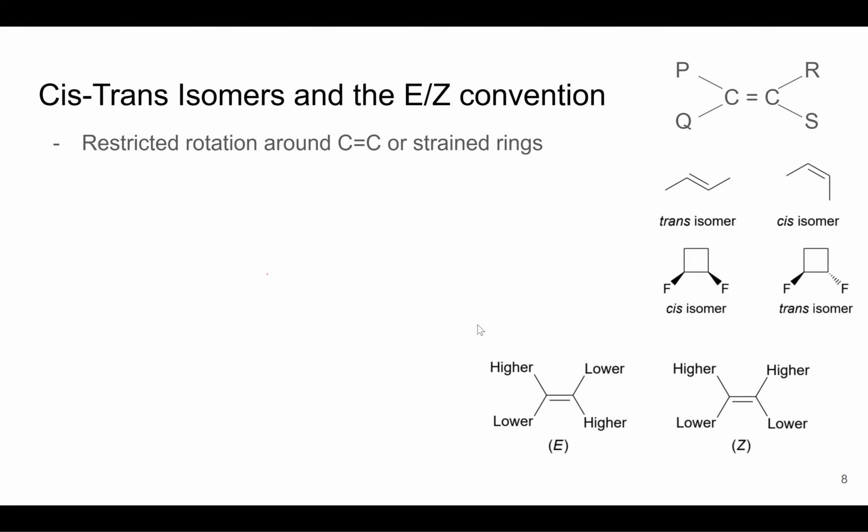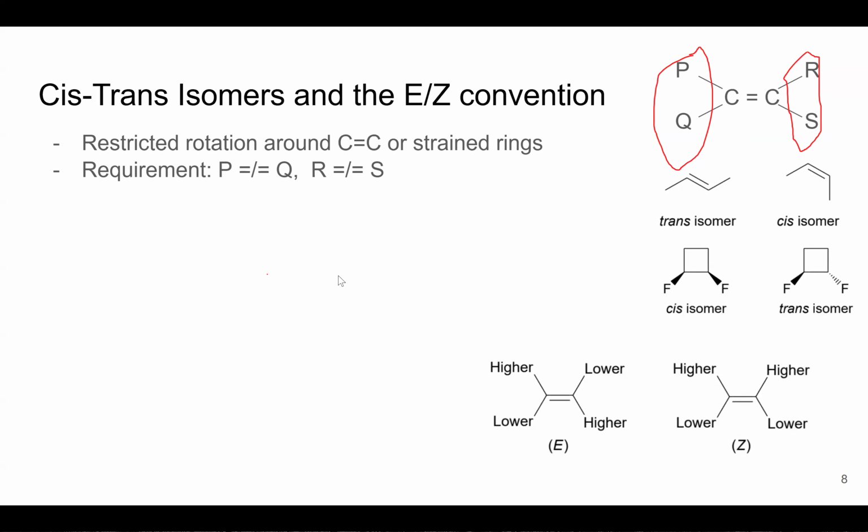Strained rings are usually three-membered or four-membered rings. So the requirement is basically that the two substituents here must not be the same, and the two substituents here must not be the same. So P and Q are not the same, R and S are not the same.